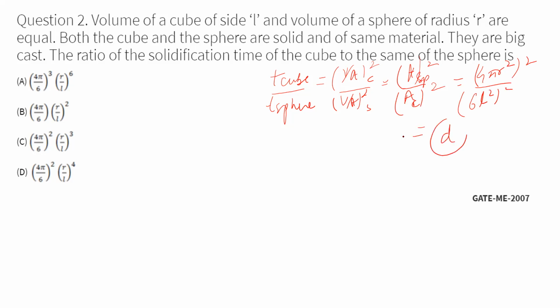This will give us option D, 4 pi by 6 whole square. Done, Devendra? Yes, sir. Okay, let's do the next question.